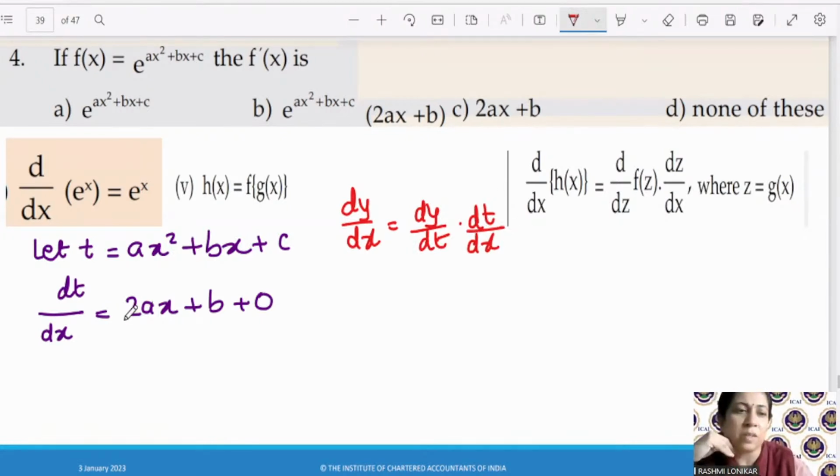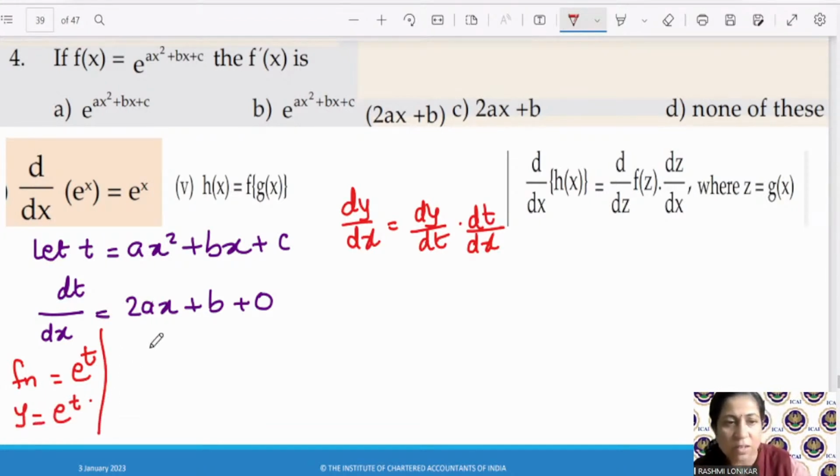Now what will be my function? Function will be e raised to t, where t is ax square plus bx plus c. So y is becoming e raised to t. Now dy by dt will be equal to d by dt of e raised to t.